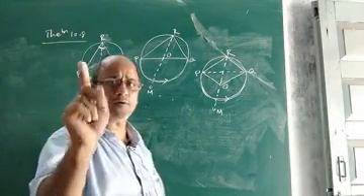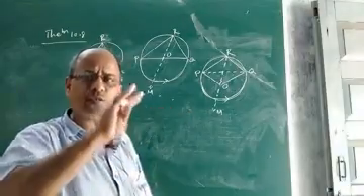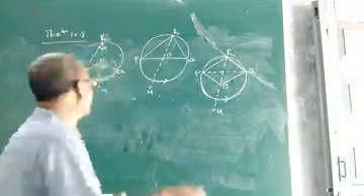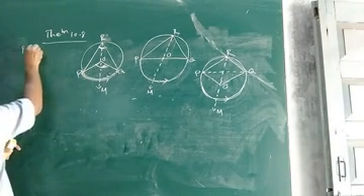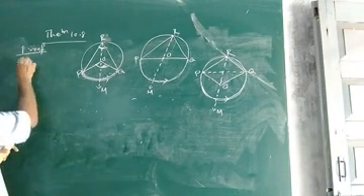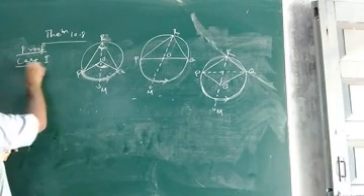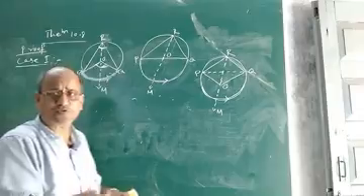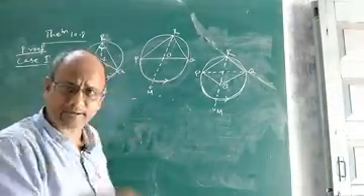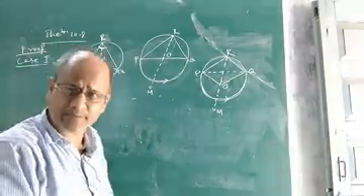If you can prove it for one, then it will be true for the other two cases. So let us do the proof for the first case. Case 1. This theorem can be proved for three cases, because the arc may be a minor arc, a semicircle, or a major arc.